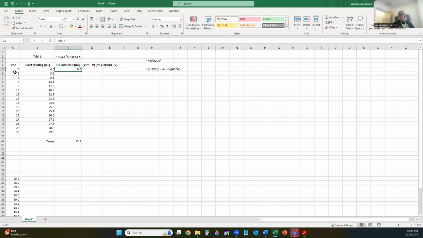Now, at 2 minutes, the amount of O2 collected will be 5.2 mL minus that 4.